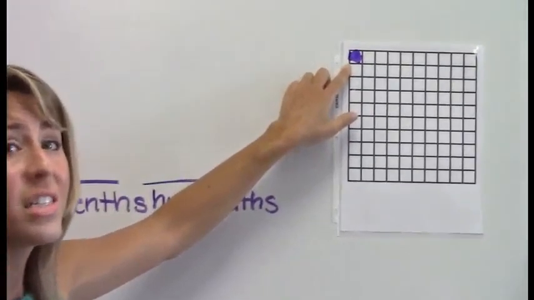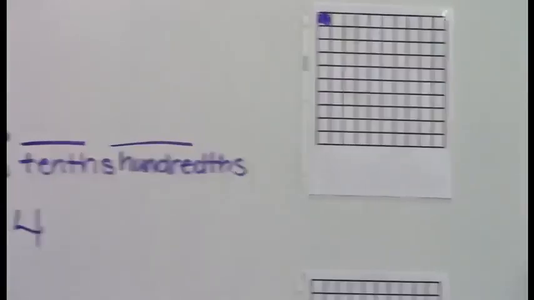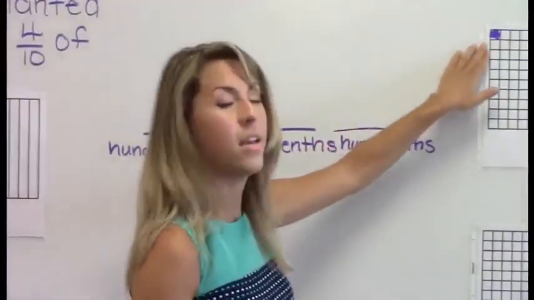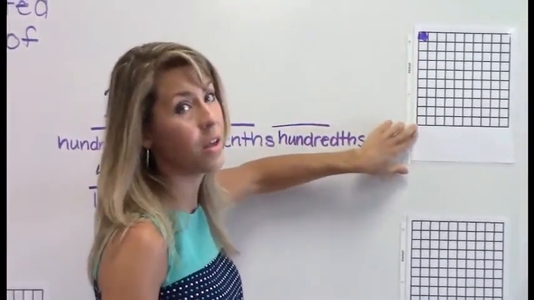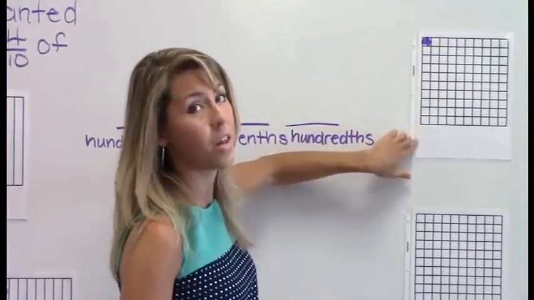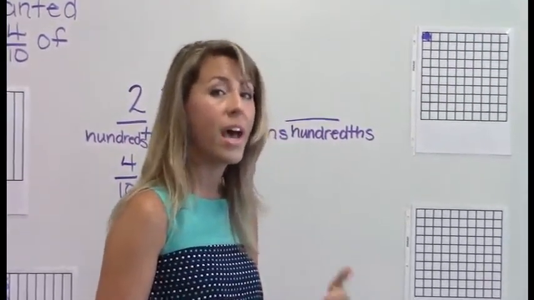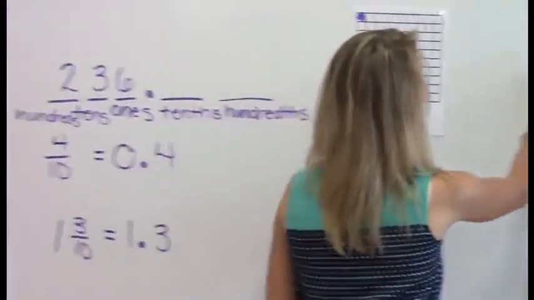You can see just how small that is compared to 1/10. In fact, it actually takes 10 100ths to equal 1/10, which would be this entire column. To represent 1/100th as a decimal, we would need to reflect that we have 0 wholes shaded.